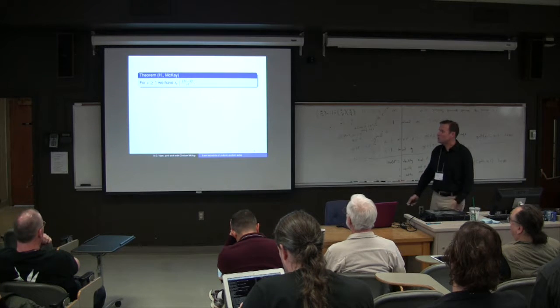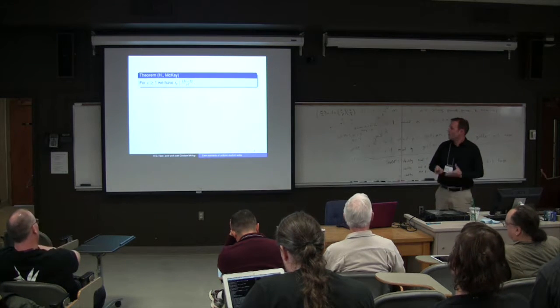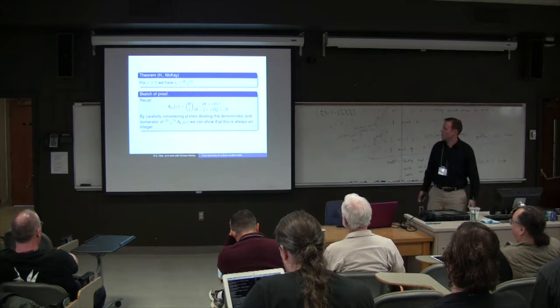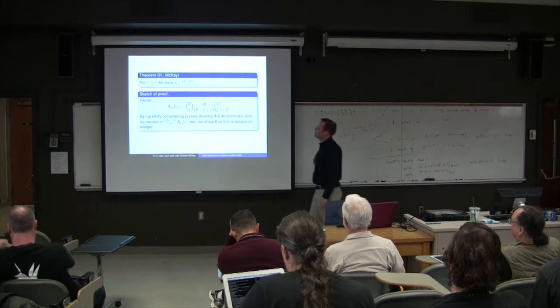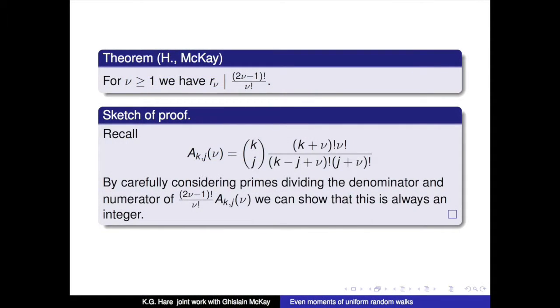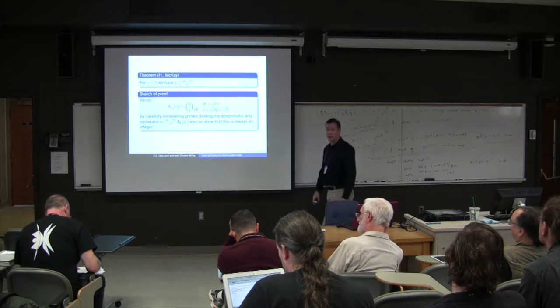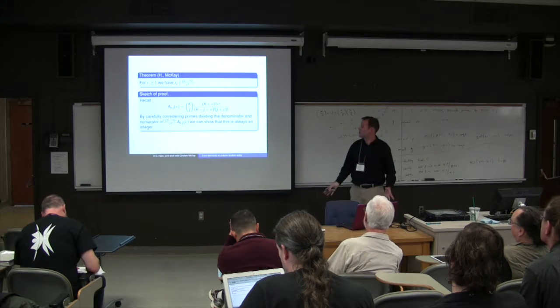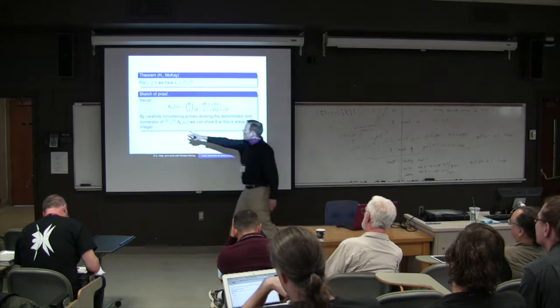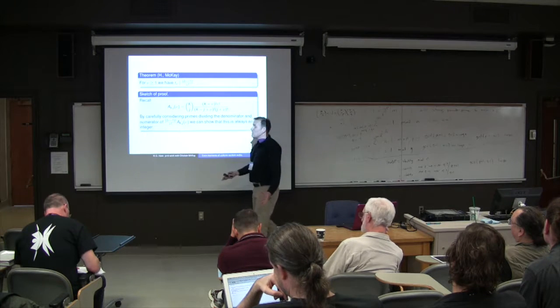So I should give some indication of a sketch of a proof of how this works. All these matrix entries look like this. I want to claim that the smallest denominator I can have is that. So I multiply by what I think the denominator is, and those should all be integers. So I look at this object times this object, and I'm hoping it's an integer.